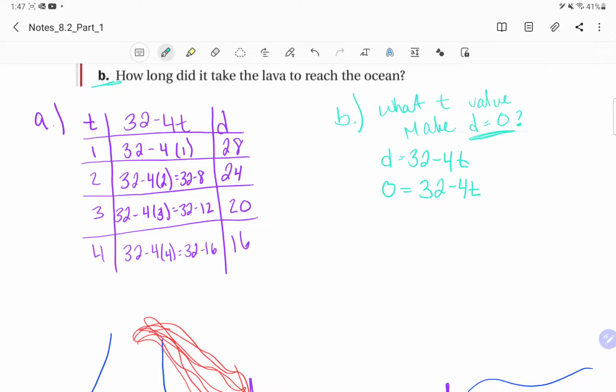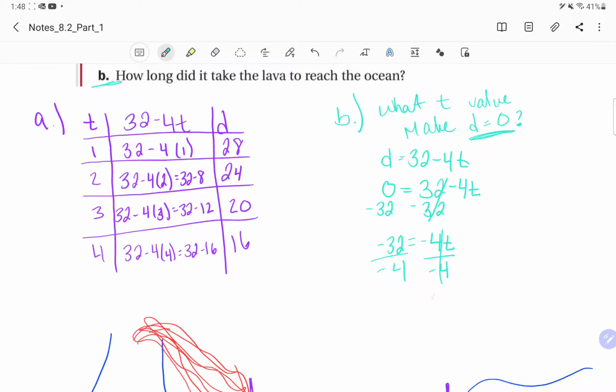If I go back to my equation solving skills, I know I need to start with the addition and subtraction portion. So I'm going to get rid of my positive 32 first. Those are going to go away. And over here, I'm just going to have the negative 4t. And over here, I'm going to have negative 32. Then I'm going to get rid of the negative 4 times t by dividing both sides by negative 4.